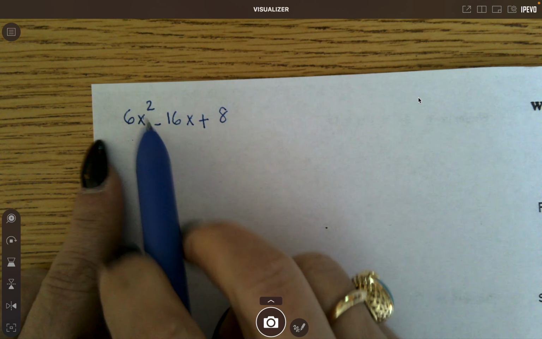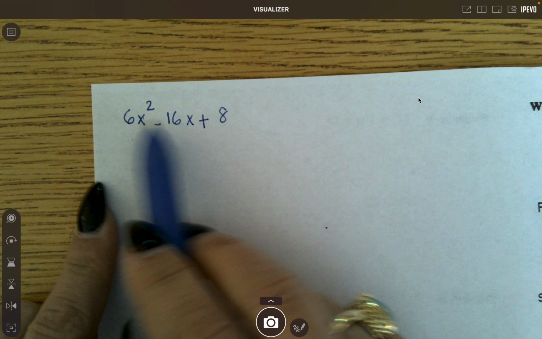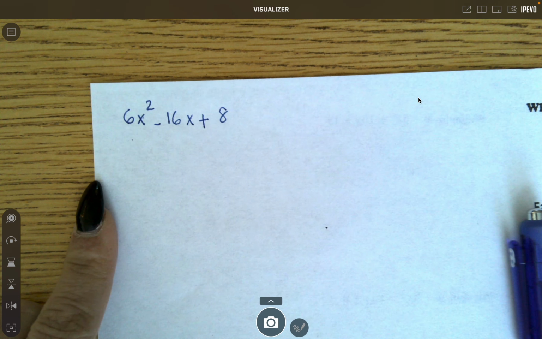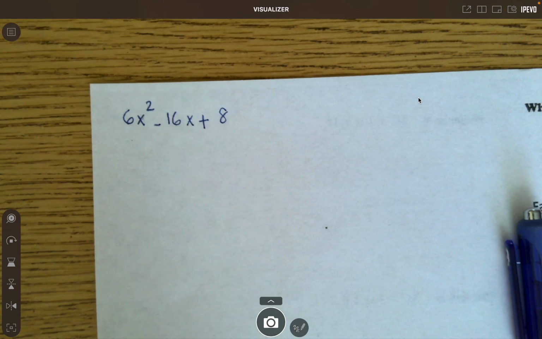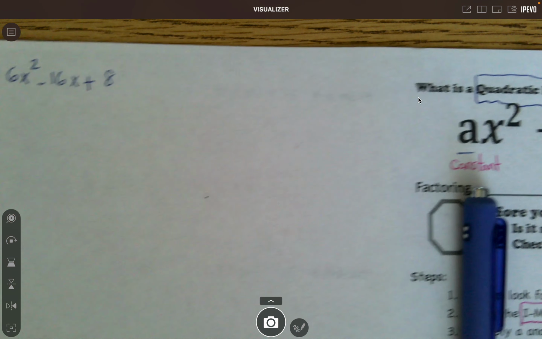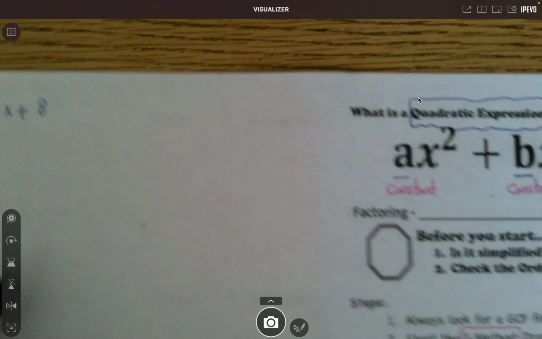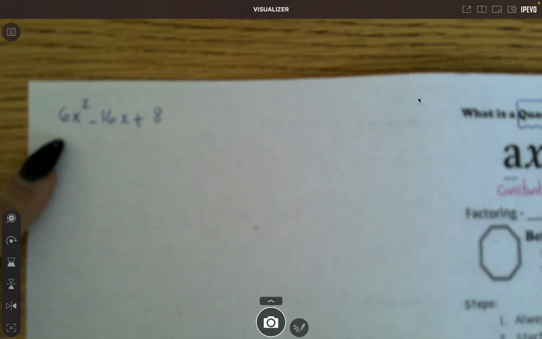If you take a look at this one, you see that it's not simplified. We can simplify it more. So let's just get our calculators and see if we can simplify this even more.